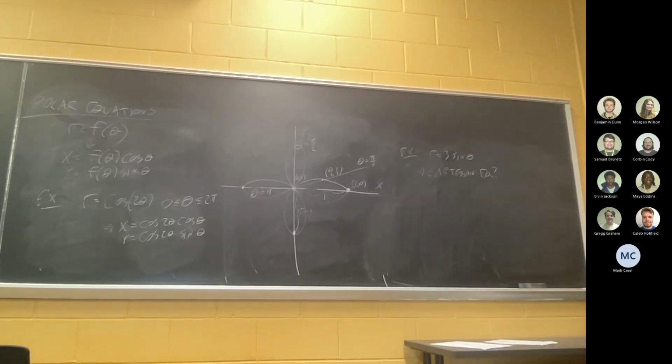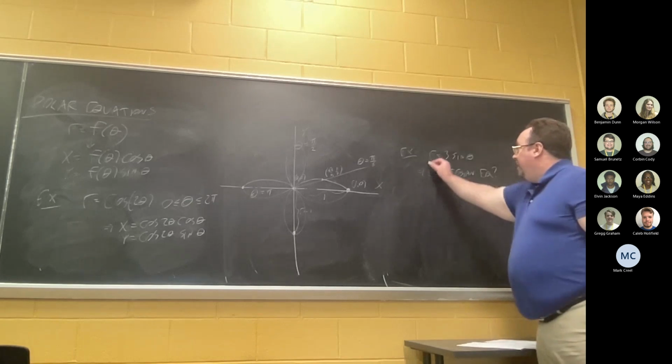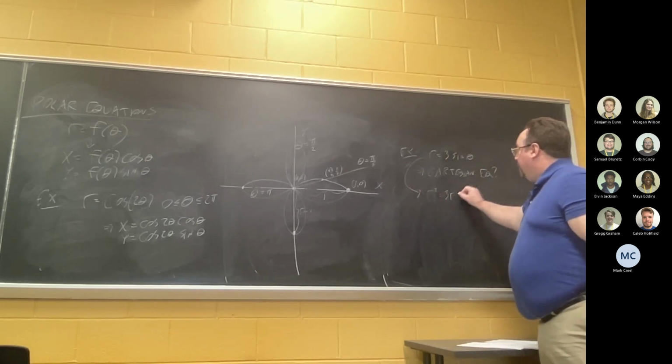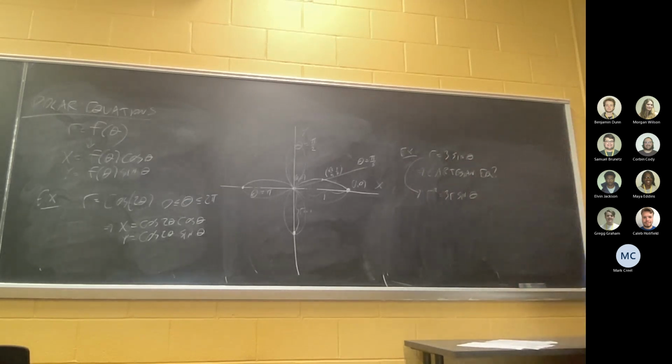How do we get a Cartesian equation from that? One thing that could be helpful is to take my polar equation and multiply both sides by r. It's 3r sine theta. So how can we express that in terms of x and y, given the relationship between polar and Cartesian coordinates?